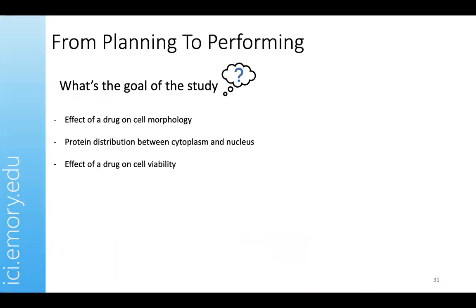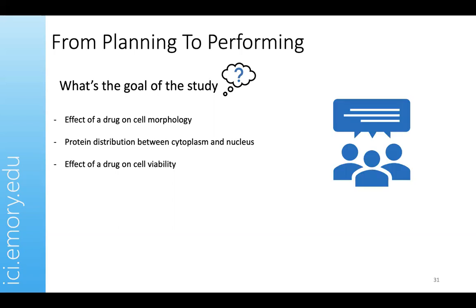So going back to planning and performing, right? The planning and performing part really starts with what's the goal of your study. So if you have a particular question, let's say, for example, what's the effect of a drug on cell morphology, or protein distribution between cytoplasm and nucleus, or effect of a drug on cell viability, you will try to accumulate different strategies.